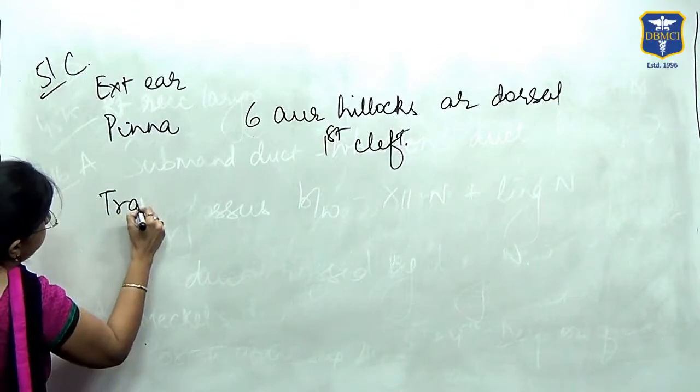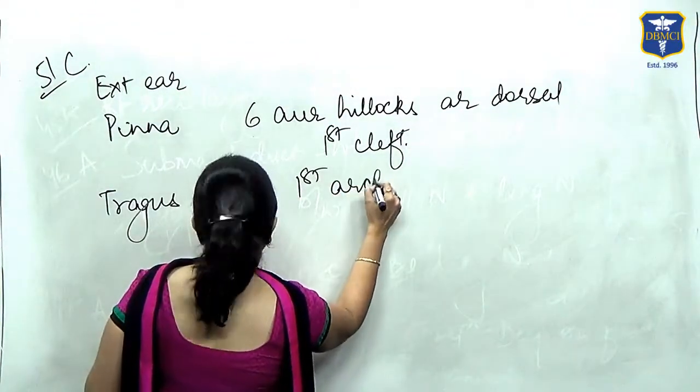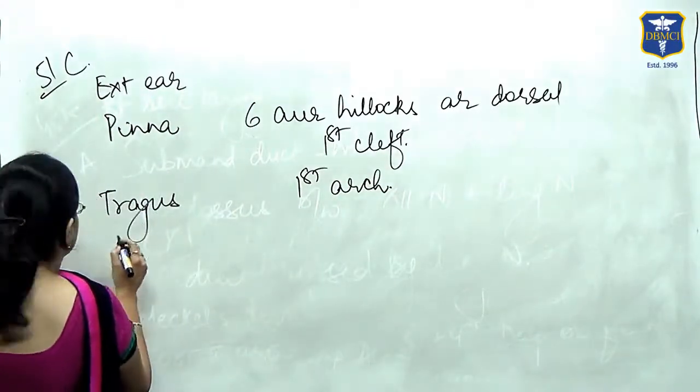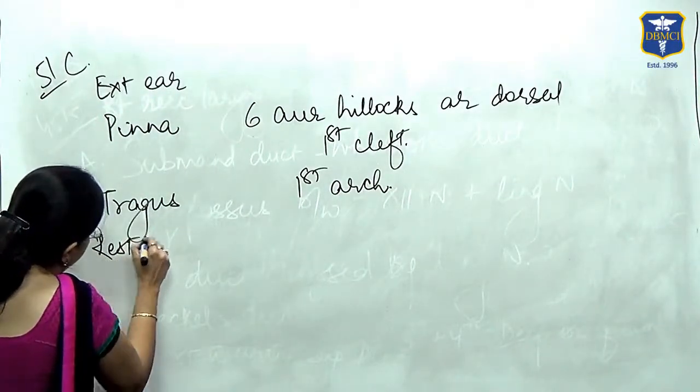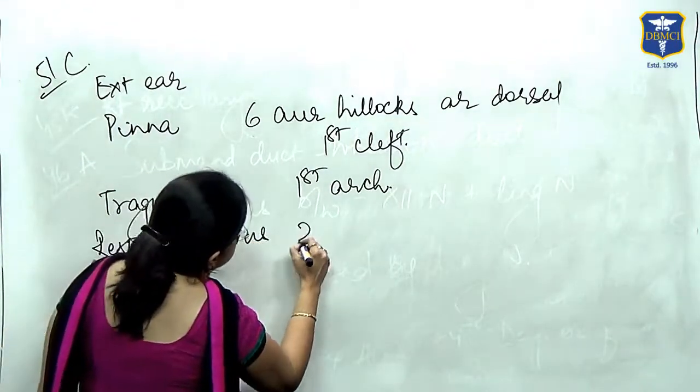Tragus develops from the first arch. Rest of the auricle and the muscles develop from the second arch.